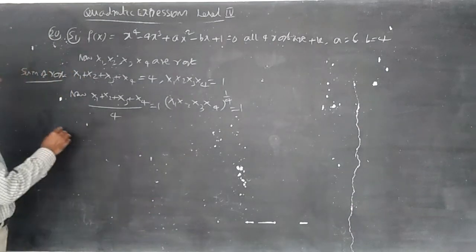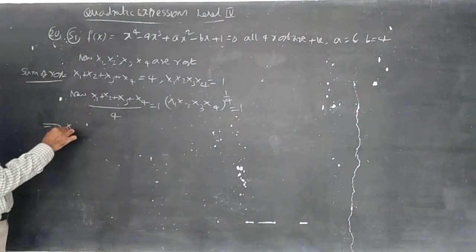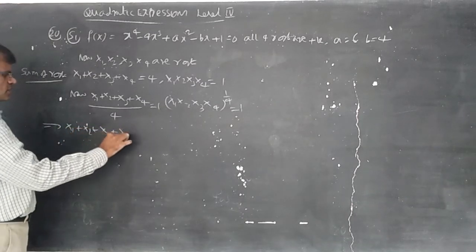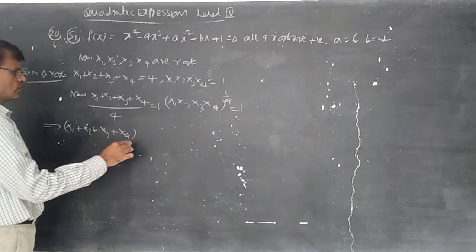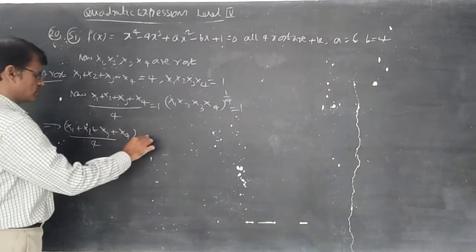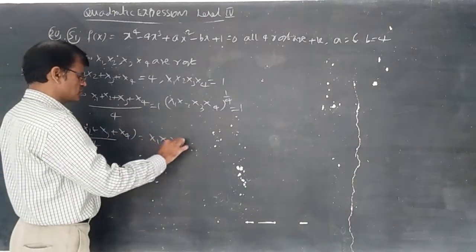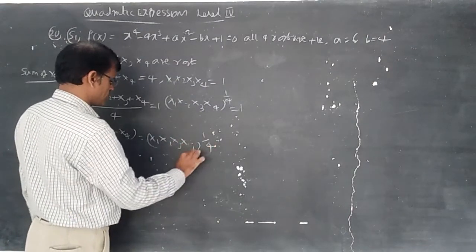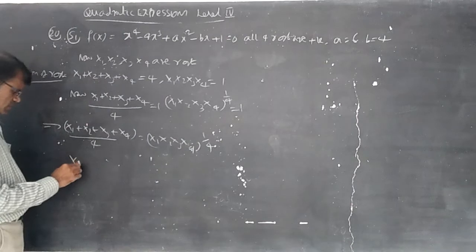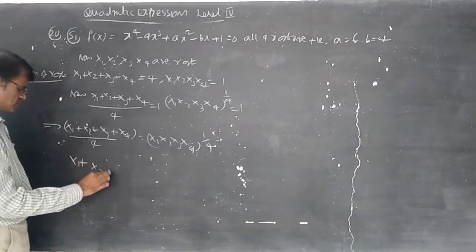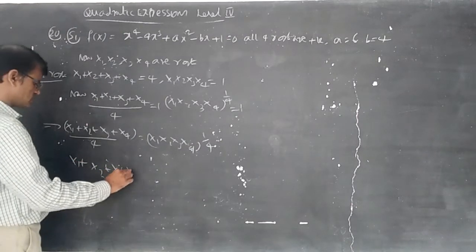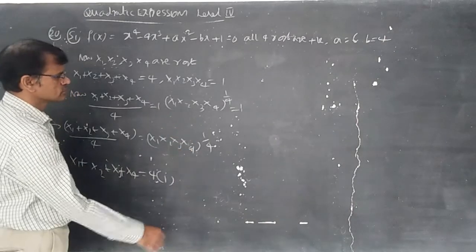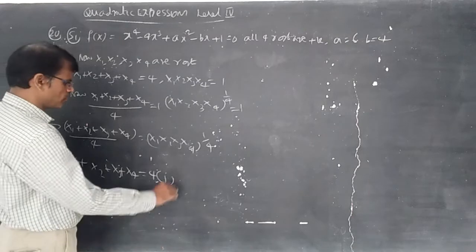You can equate these both. x1 plus x2 plus x3 plus x4 whole by 4 is equal to x1 x2 x3 x4 whole power 1 by 4. So x1 plus x2 plus x3 plus x4 is equal to 4 into 1 power 1 by 4, so 1 whole power 4.